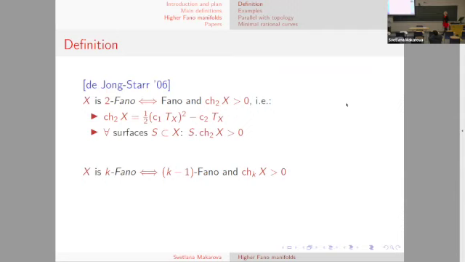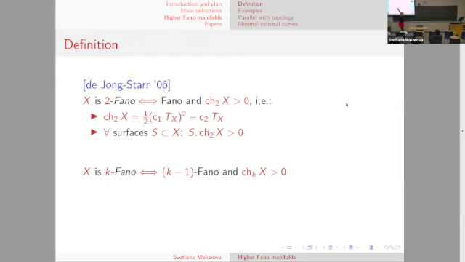Using these invariants, de Jong and Starr defined higher Fano manifolds, in particular two-Fano manifolds, as Fano manifolds which have positive second Chern character. In terms of Chern classes, the second Chern character can be expressed by this formula. In terms of the axiomatic definition of the Chern character, we take all the summands inside the Chern character which have codimension 2.